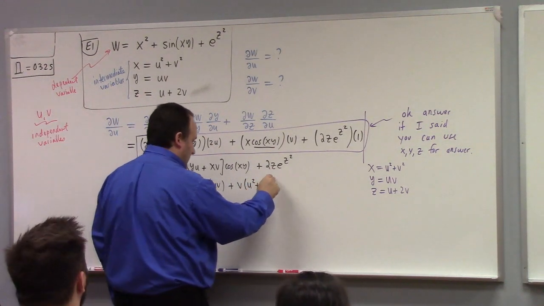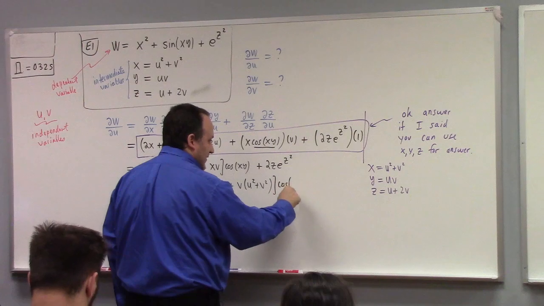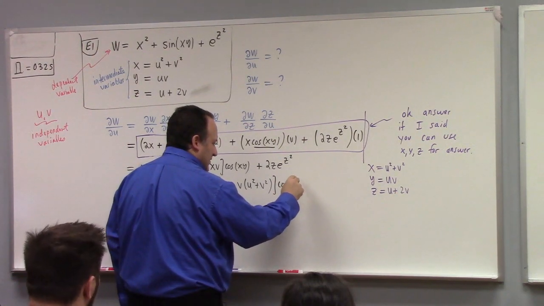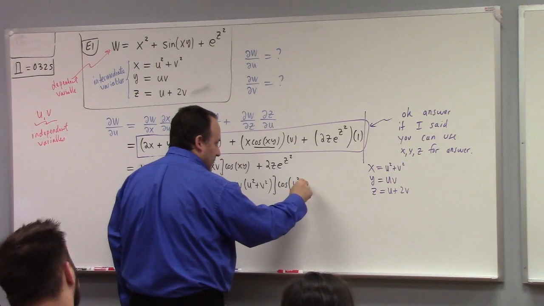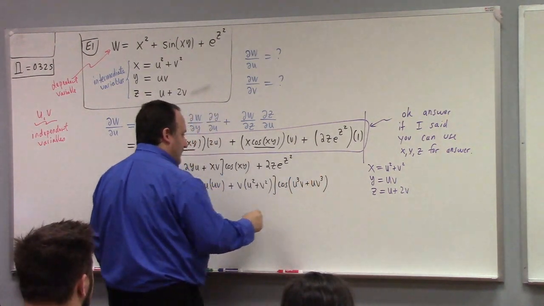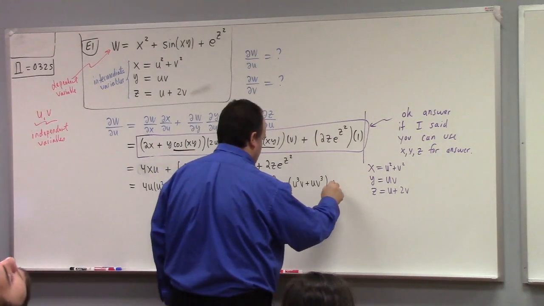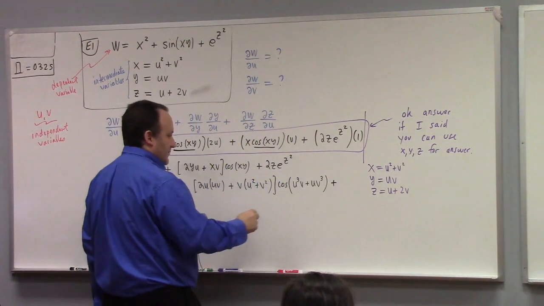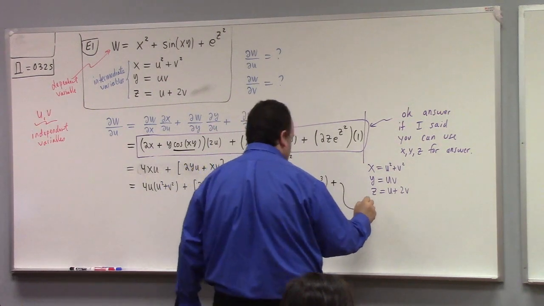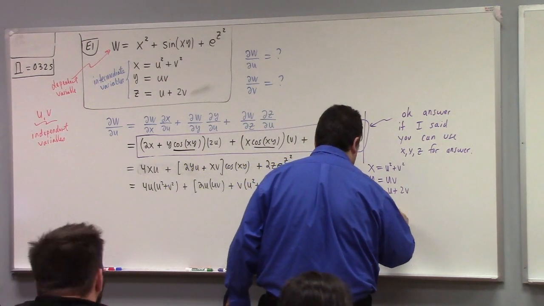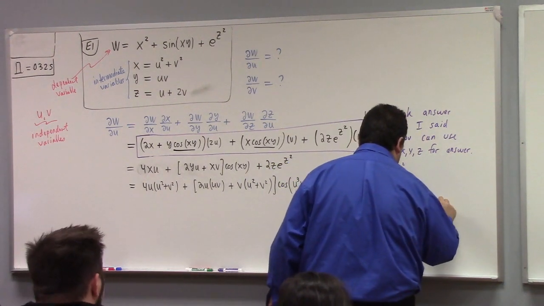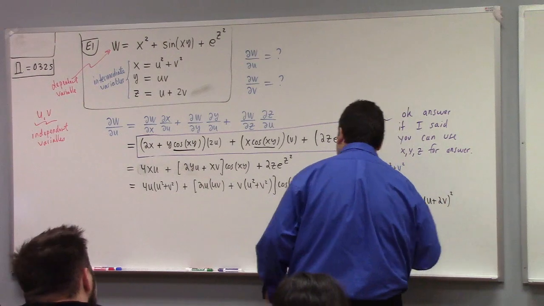All right, close bracket, cosine of xy, which is actually, xy would actually be u cubed v plus v cubed u, and then plus, oh man, well, I'm going to have to continue down here. My apologies for the double plus. Let's see here, 2 times u plus 2v e to the u plus 2v quantity squared.